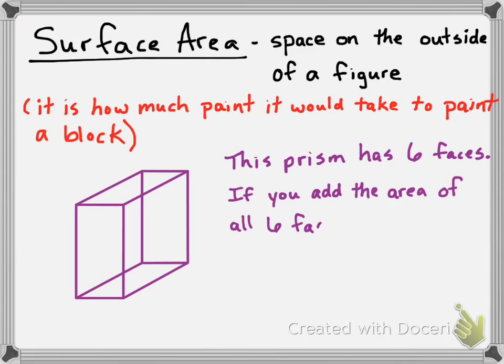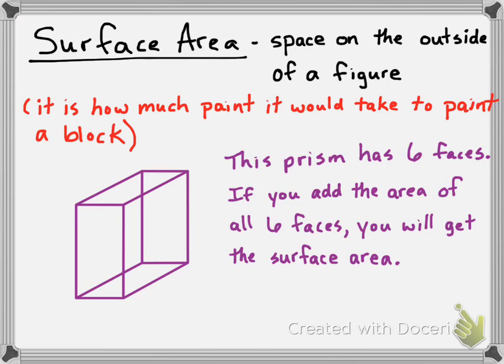Now that will work on any figure as long as you can find the area of each face. A rectangular prism has 6 rectangles, so I can just find the area of the 6 rectangles and add them together and I get my surface area.